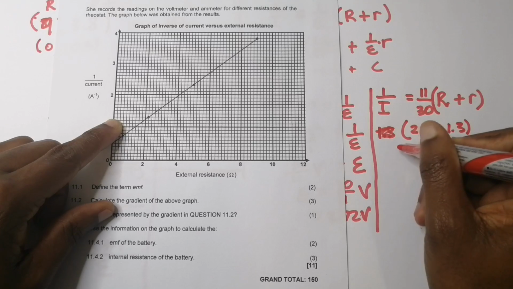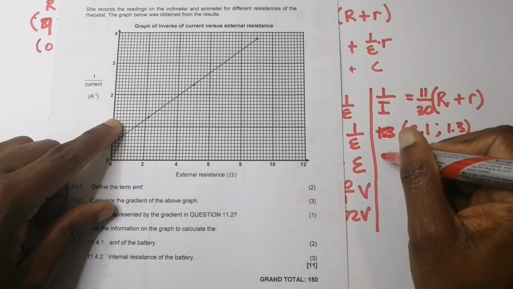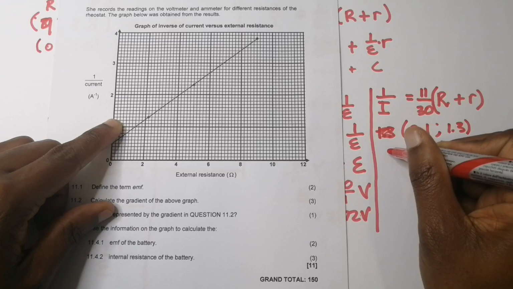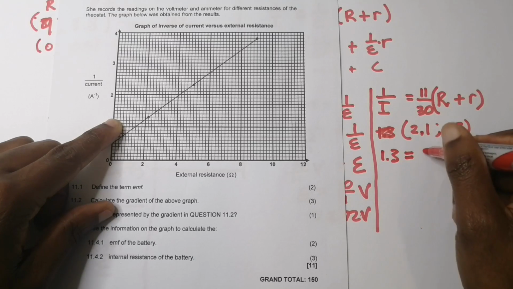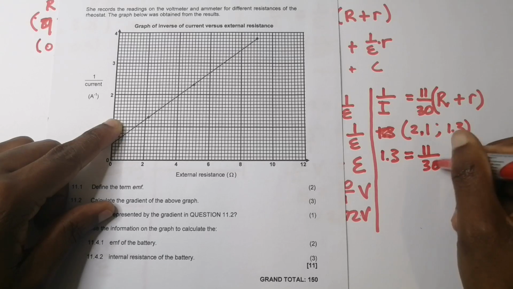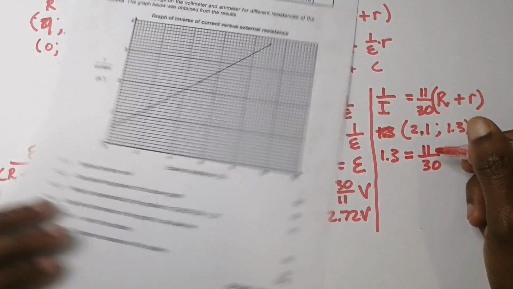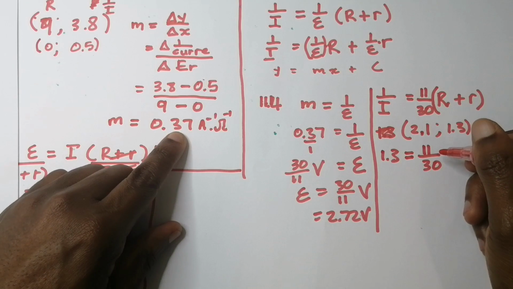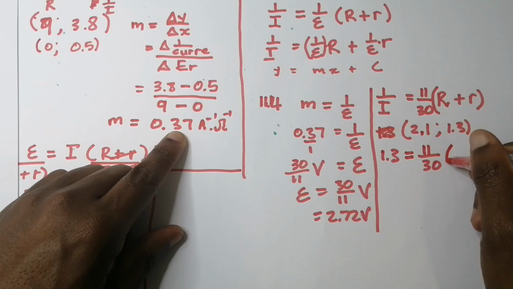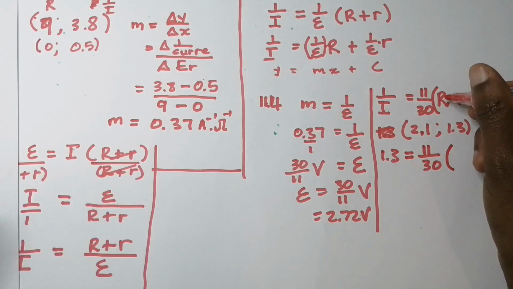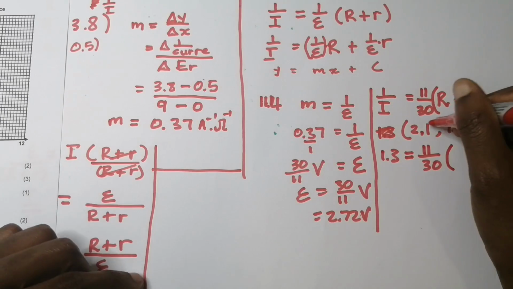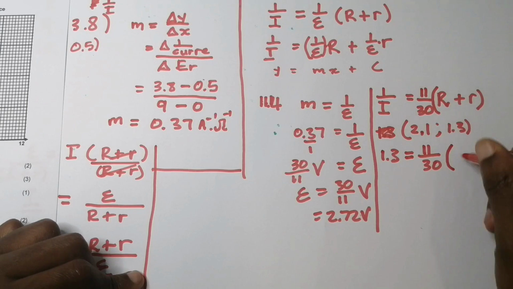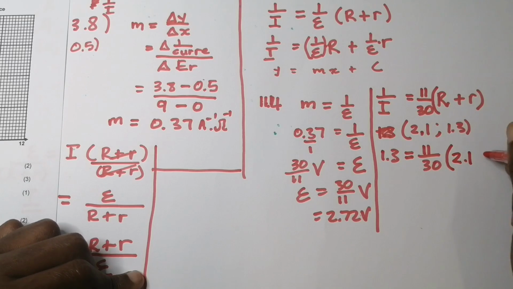So 1 over I, which we said is our y, is 1.3. So 1.3 is equal to 11 over 30, our gradient, multiplied into the resistance, which is 2.1 when 1 over current was 1.3. I'm going to substitute that there, and then plus the internal resistance.